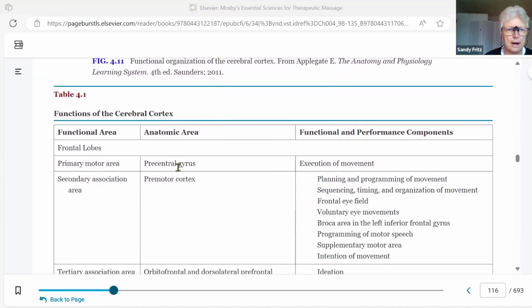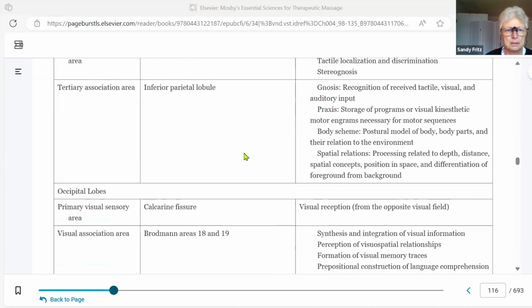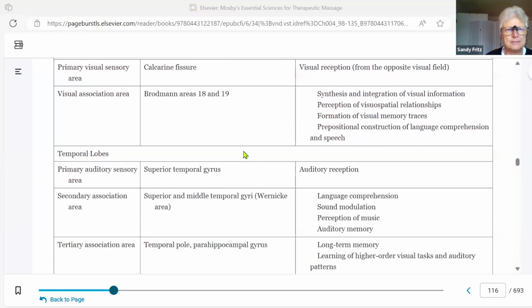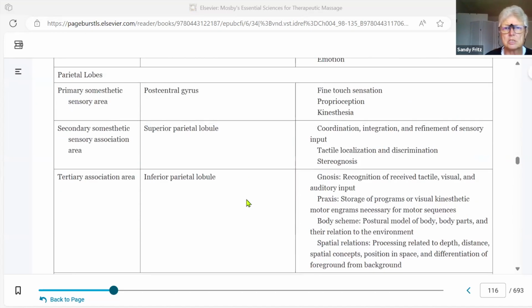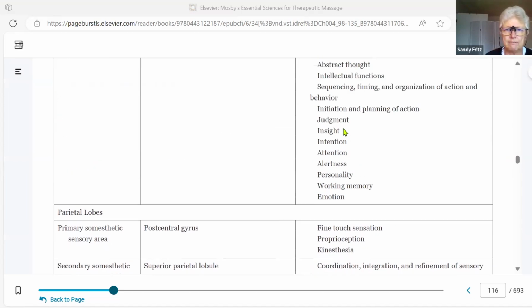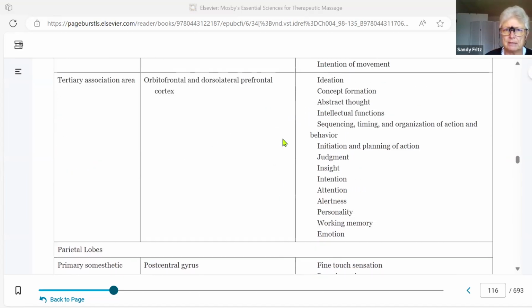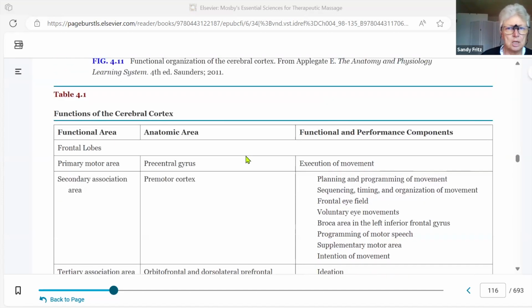So here they are, in a chart form. And when somebody has had a stroke or a closed head injury, concussions, and an area of the brain here has been affected, it will manifest as a behavioral shift.